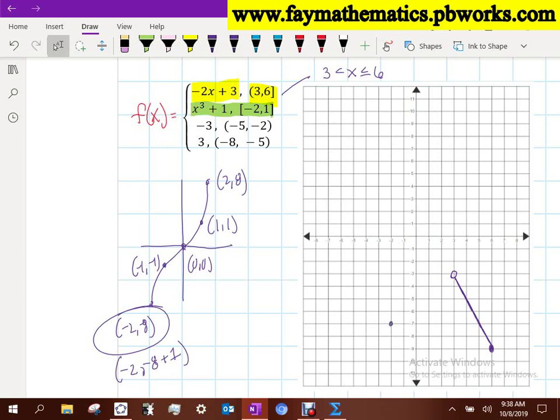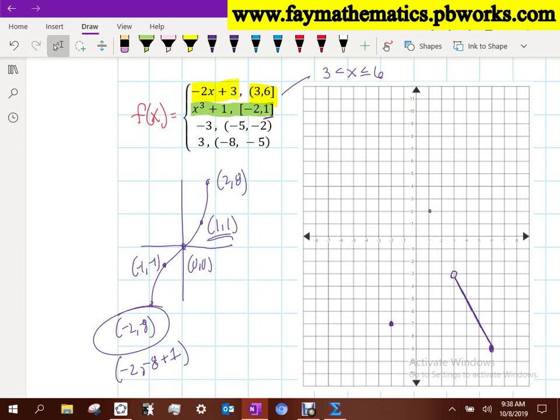Why? Because it's a bracket. Okay, good. So we got a bracket here, so it's closed. All right, so now I'm going to use 1, right? So thinking about 1, 1 off of x cubed, on x cubed plus 1, it's going to be 1 comma what? It's 1 comma 2.